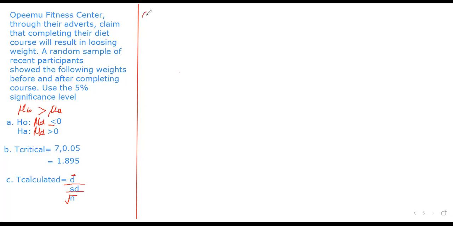And d bar is also the summation of di all over n. But then SD is the square root of the summation of bracket di minus d bar all squared all over n minus 1.